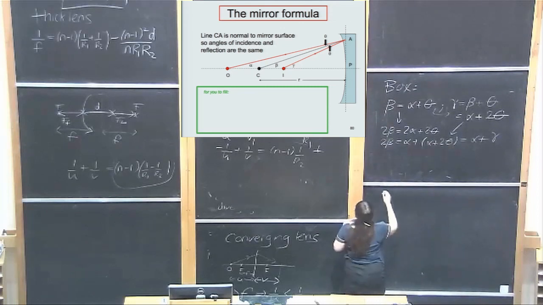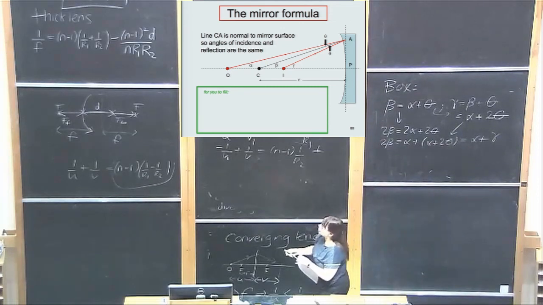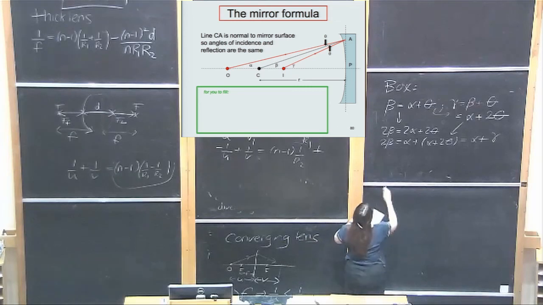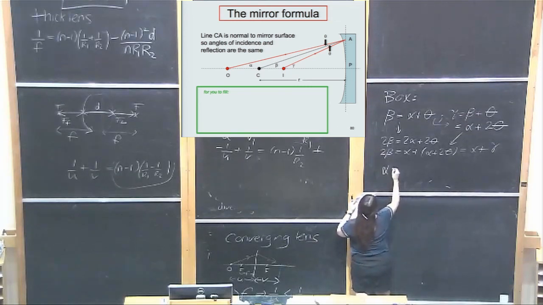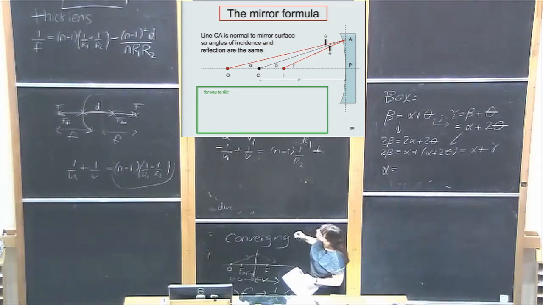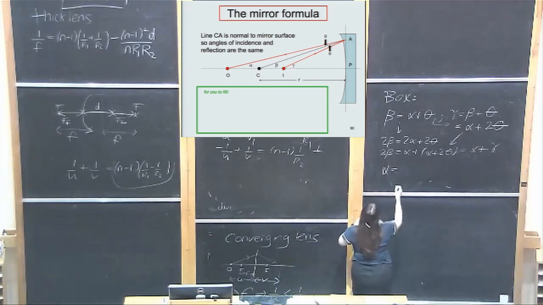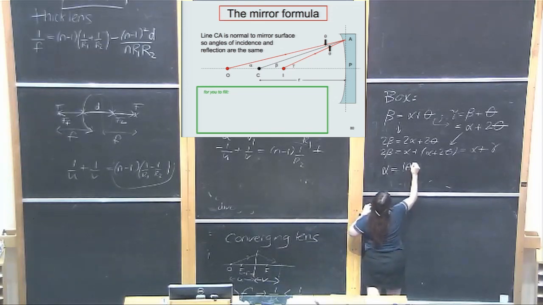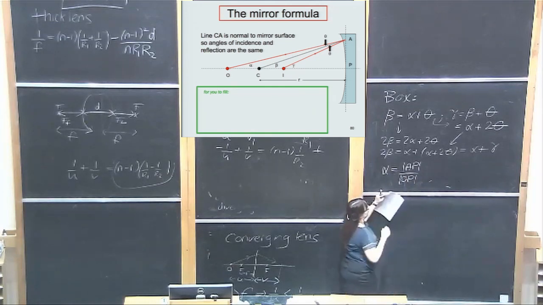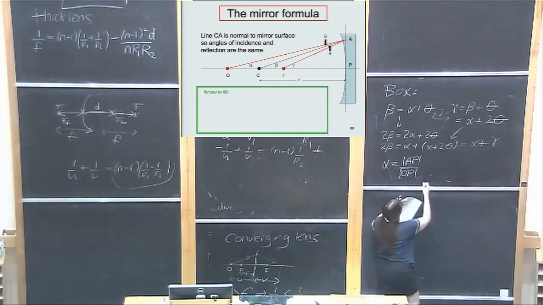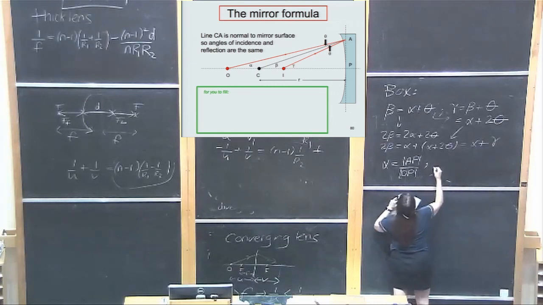Okay, so now we're going to use the small angle approximation like we always do. And so I can write that alpha is AP over OP, so it's that vertical distance divided by the object distance, roughly equal to the tan of alpha.